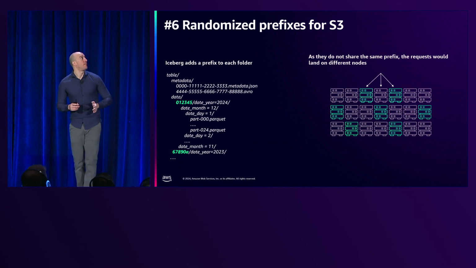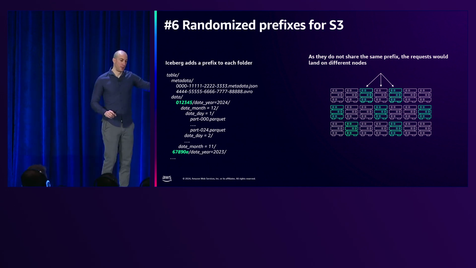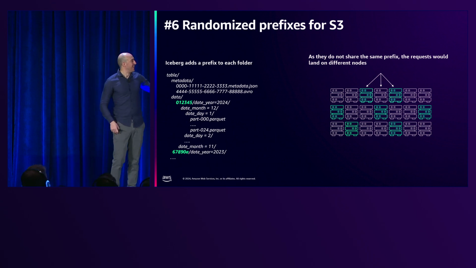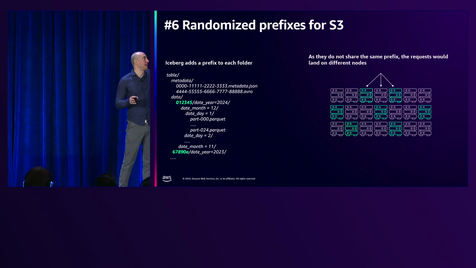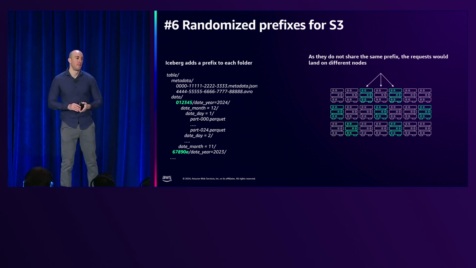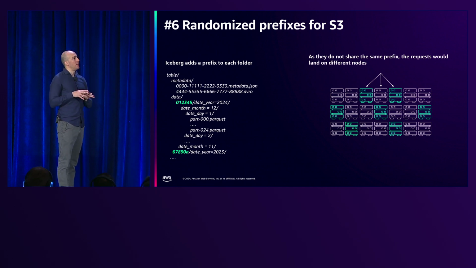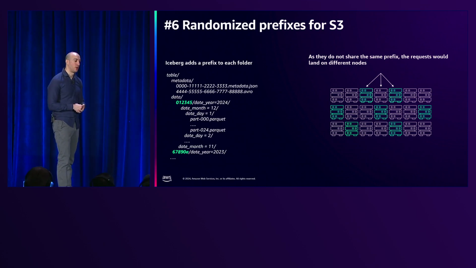Iceberg adds the concept of randomized prefix, where Iceberg adds a prefix before every partition. Now, in this way, the query engine spreads the requests on S3, and of course, there is better performance.